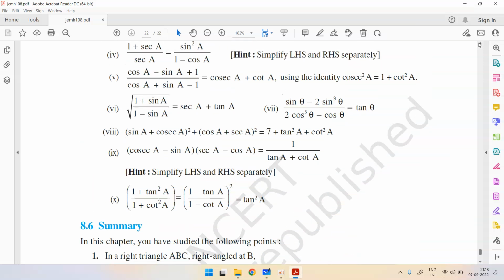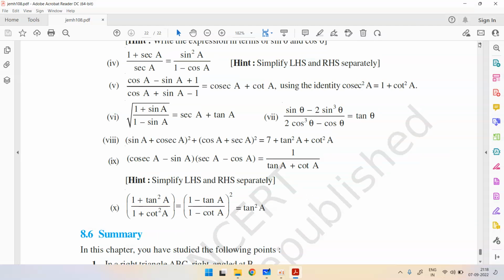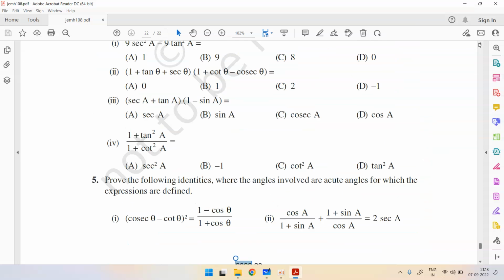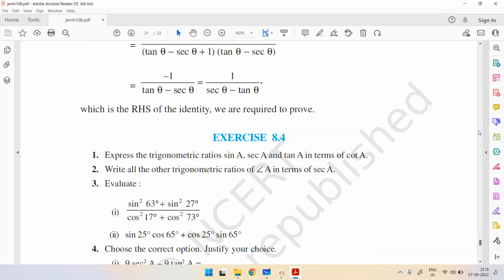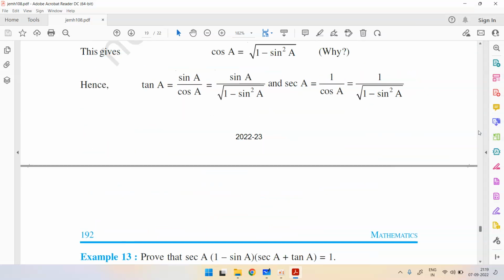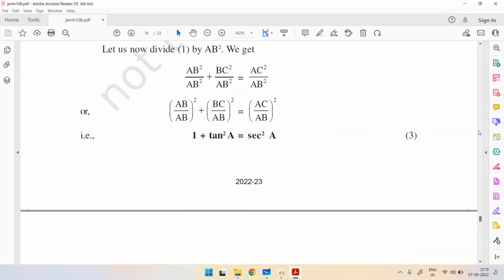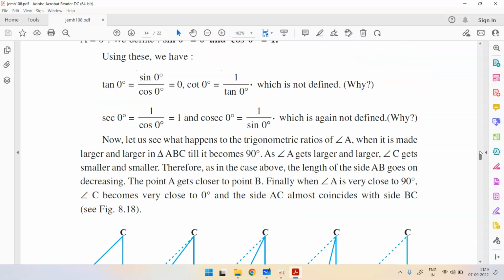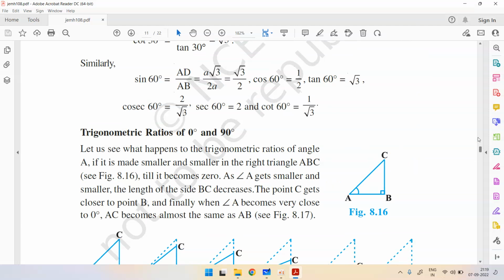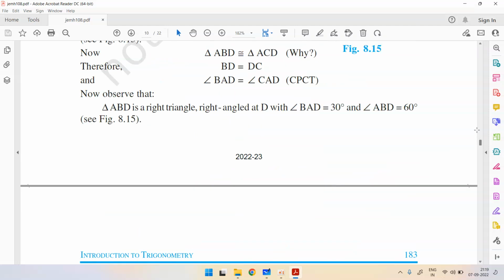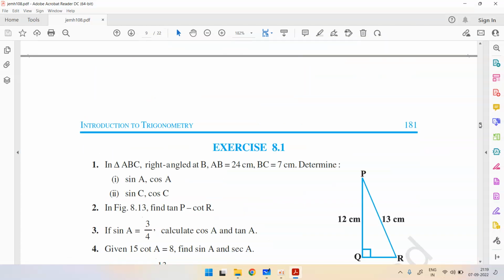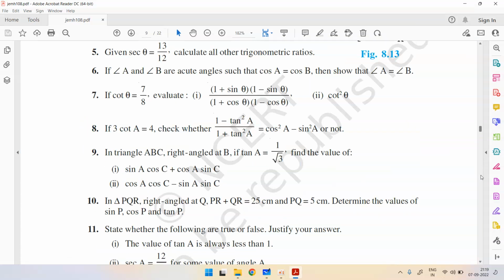Yes, this is for the new exercise. Let me see if there are any other exercises.